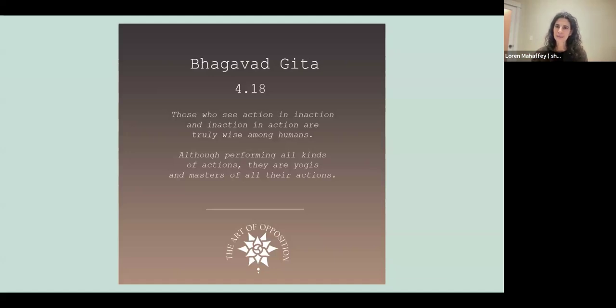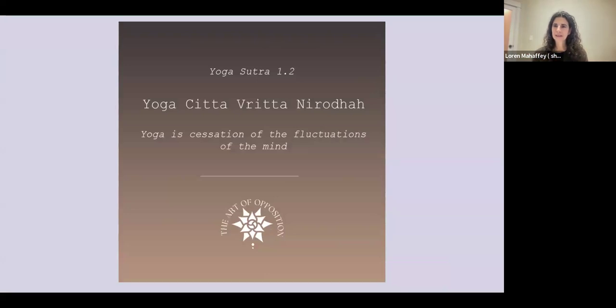Ultimately, we want to remember that the definition of yoga is the cessation of the fluctuations of the mind. And so, as we travel deeper into our system and explore our bones, it's important to remember that at the heart, yoga is an inward practice that cultivates the subtle and the unseen.